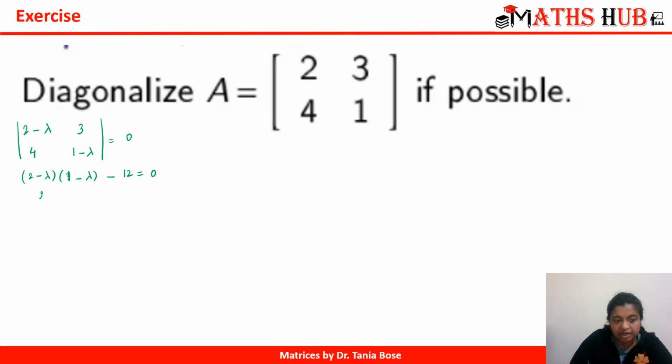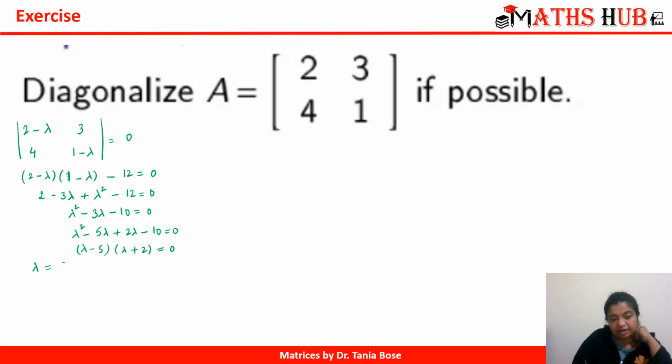From here we get 2 minus 3 lambda plus lambda squared minus 12 is equal to 0. That turns out to be lambda squared minus 3 lambda minus 10 is equal to 0. So you get lambda squared minus 5 lambda plus 2 lambda minus 10 is equal to 0. That gives two factors, (lambda minus 5)(lambda plus 2) is equal to 0, right? So the values of lambda are 5 and minus 2.